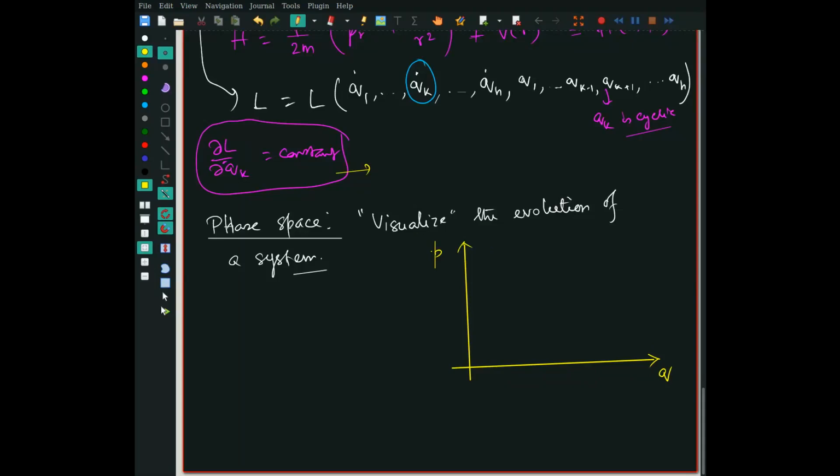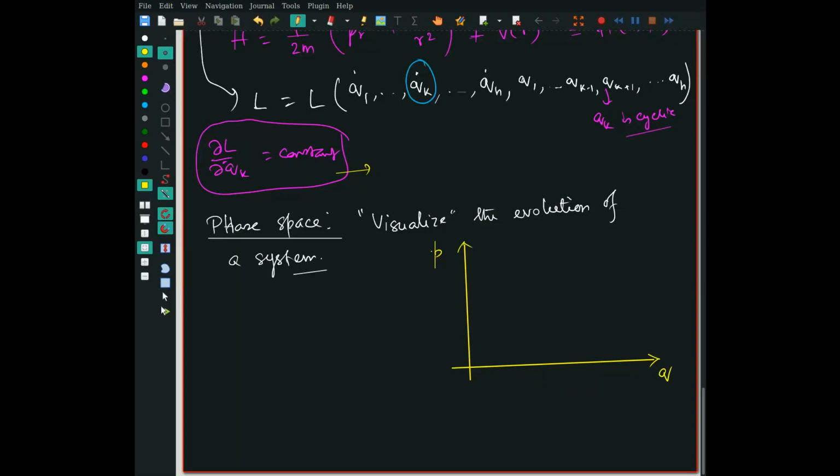In a similar way, if you have two generalized coordinates, then your phase space is four-dimensional, which of course I cannot draw. And in case you have n generalized coordinates, then your phase space is 2n-dimensional. Perhaps you had been introduced to these concepts in your statistical mechanics courses, but nevertheless, let us revisit those concepts a bit here.